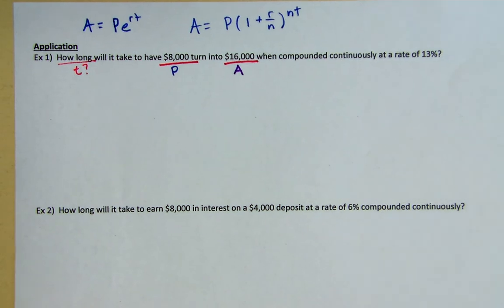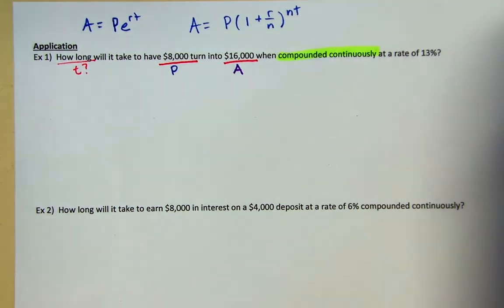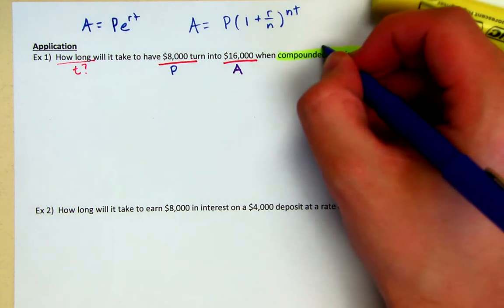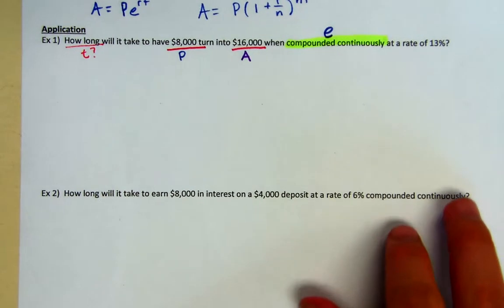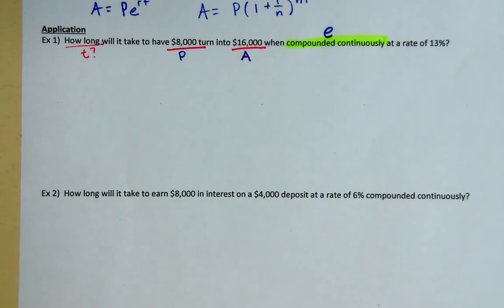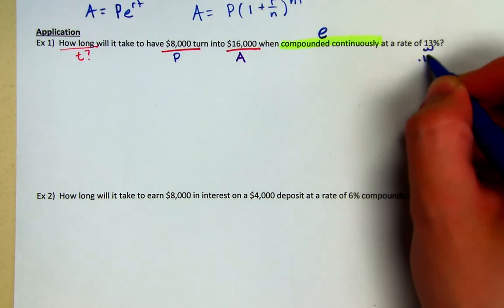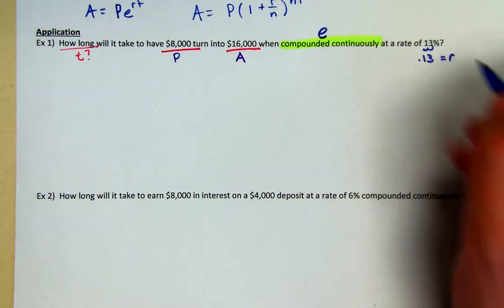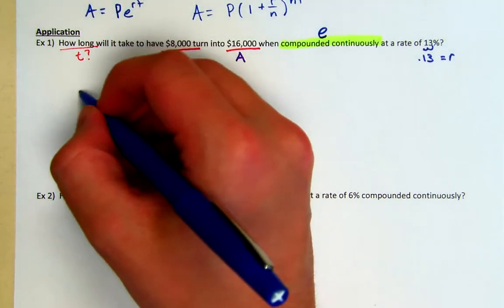I'm compounding continuously, so again, continuously shows that I'm using that PERT formula, or E, and I have a rate here of 13%. Remember that you need to turn that into 0.13, and that is your rate. Alright, so now I have a lot of information. Let's put it in.